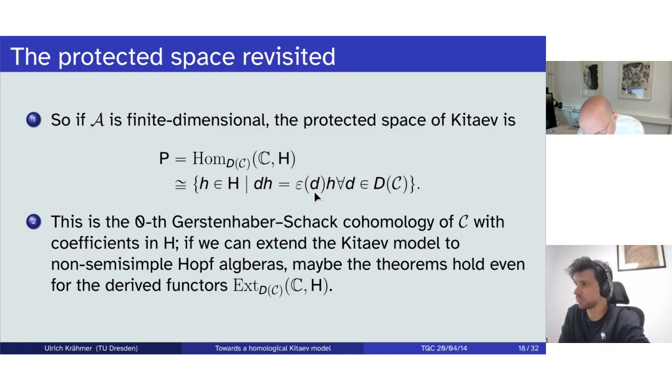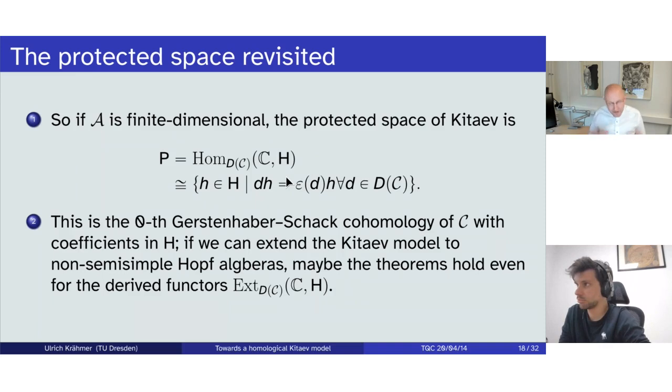And now comes the point why I got interested in this in the first place. This here is what Hopf algebraists would call the zeroth Gerstenhaber-Schack homology of the Hopf algebra curly C with coefficients in this Yetter-Drinfeld module H. In algebra there are many cohomology and homology theories of algebraic structures, like Lie algebra cohomology, group cohomology, Hochschild cohomology, cyclic cohomology, and there's also the cohomology theory of Hopf algebras, Gerstenhaber-Schack cohomology.